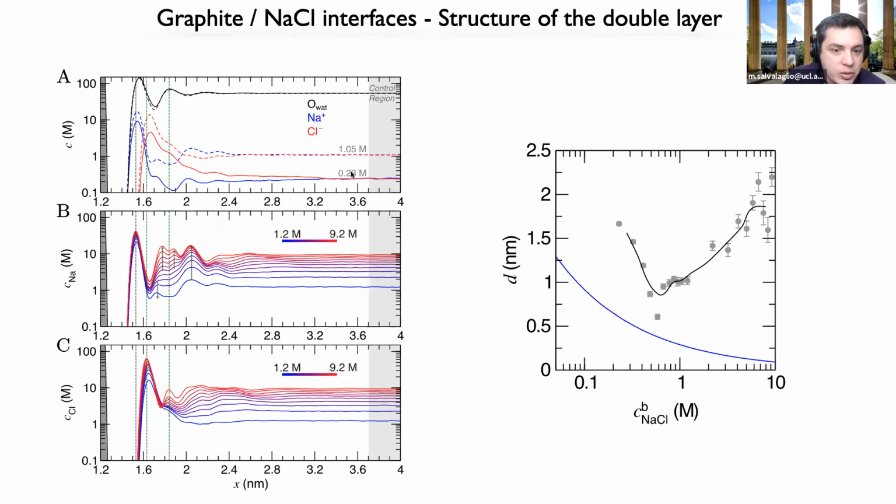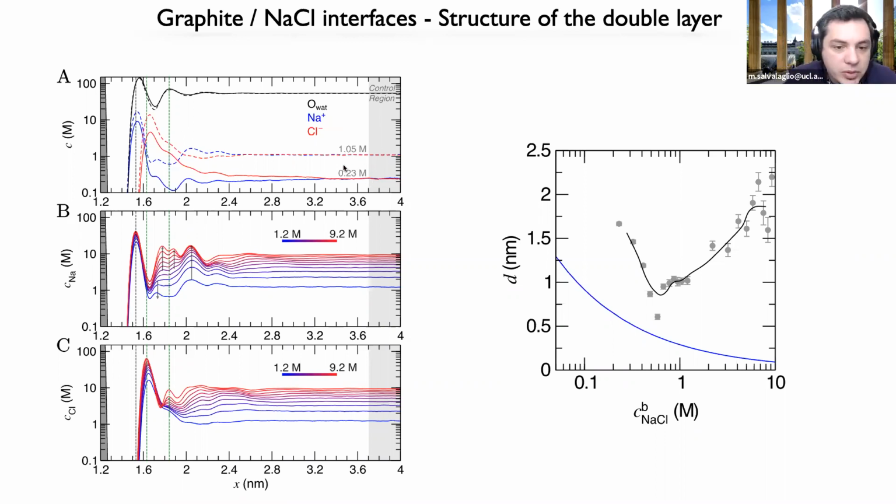However, in panel A, we also have only 2 concentration regimes. A diluted concentration regime that corresponds to the continuous lines, blue for Na plus and red for Cl minus, and the dashed lines that correspond instead to a slightly higher concentration regime. That it's interesting because it's associated to the inception of these non-idealities in the structure of the double layer.